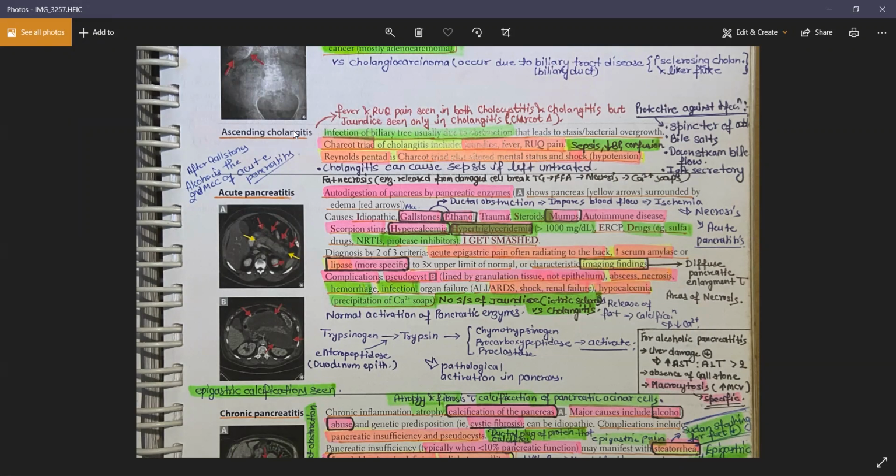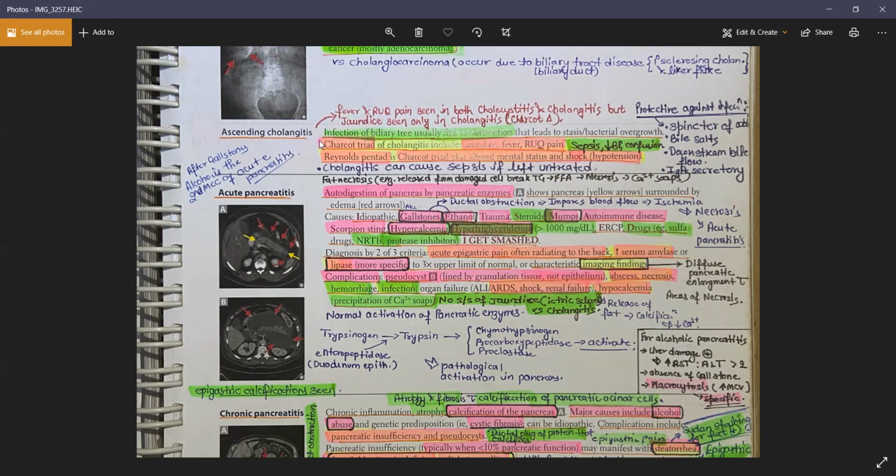You will see the Charcot triad in it: jaundice, fever, and right upper quadrant pain. Whenever a patient has jaundice, fever, and right upper quadrant pain, that means the patient has a Charcot triad, which means ascending cholangitis.